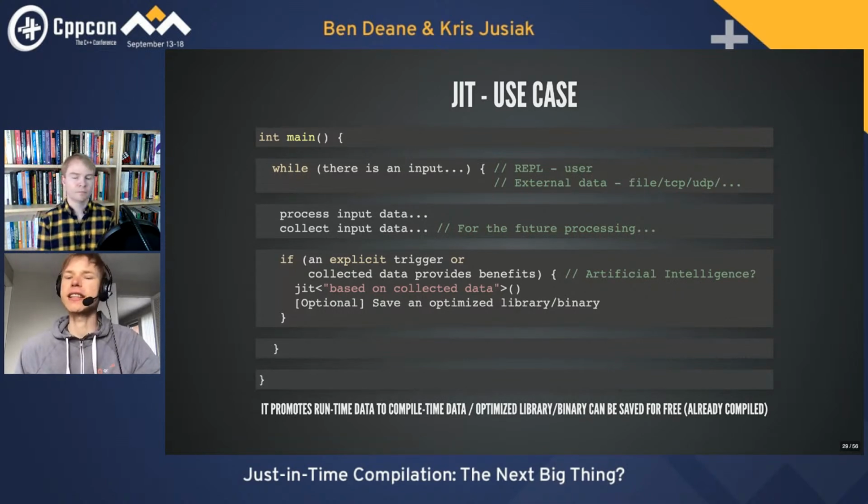You can use AI, I guess, or anything like that, to verify whether the data you get at runtime gives you any benefit, so that you can leverage it and promote the runtime data to compile time data. And that's the main thing about JITting.